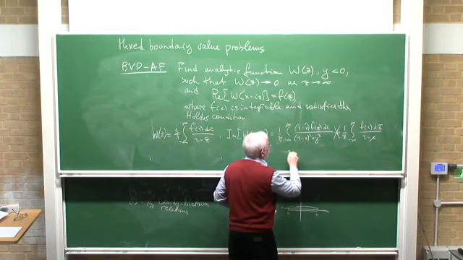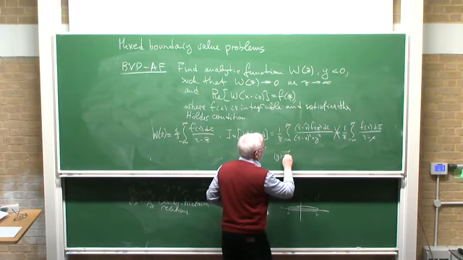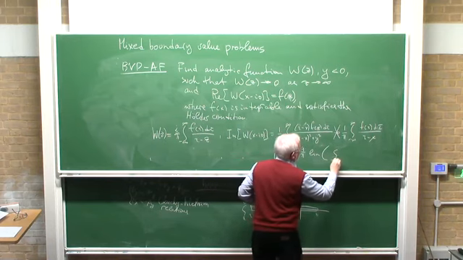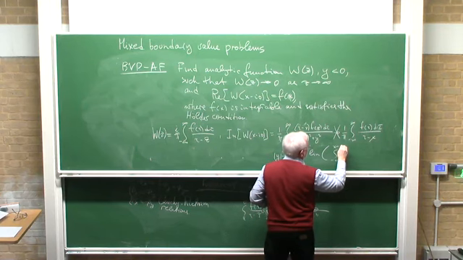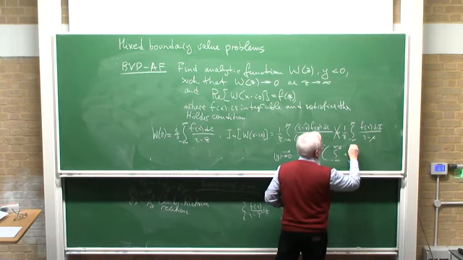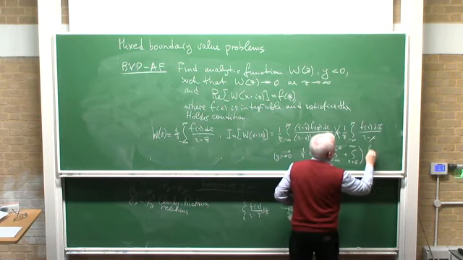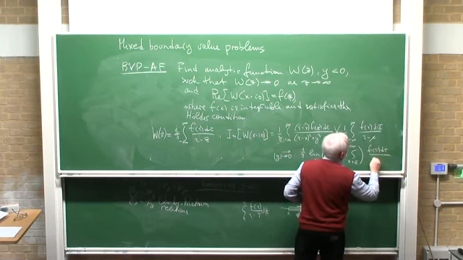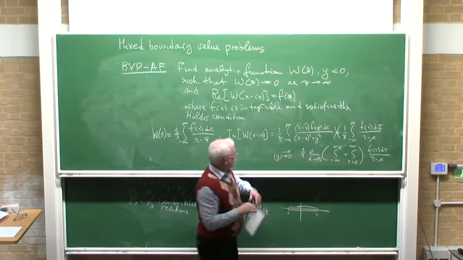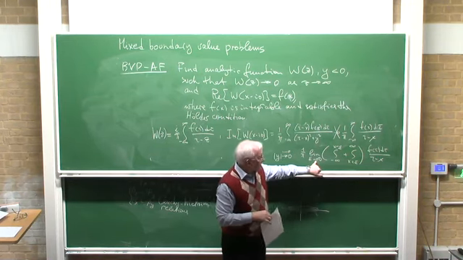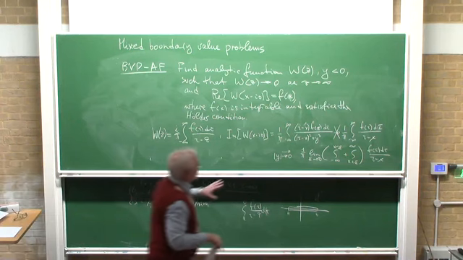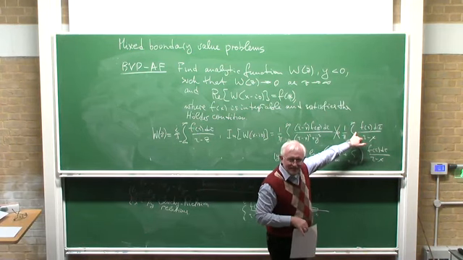I show only the result: as y tends to 0, it is equal to 1 over pi times the limit of the integral from minus infinity to x minus epsilon, plus from x plus epsilon to infinity, of f of tau d tau over tau minus x, as epsilon tends to 0. So you see, instead of y, there is another small parameter epsilon, which tends to 0.